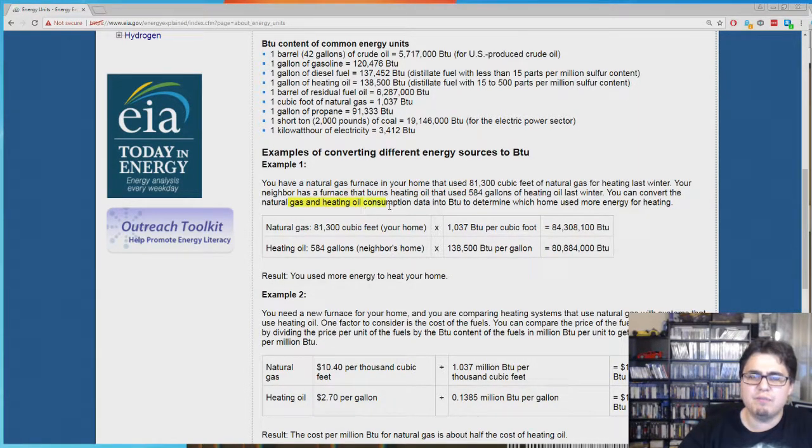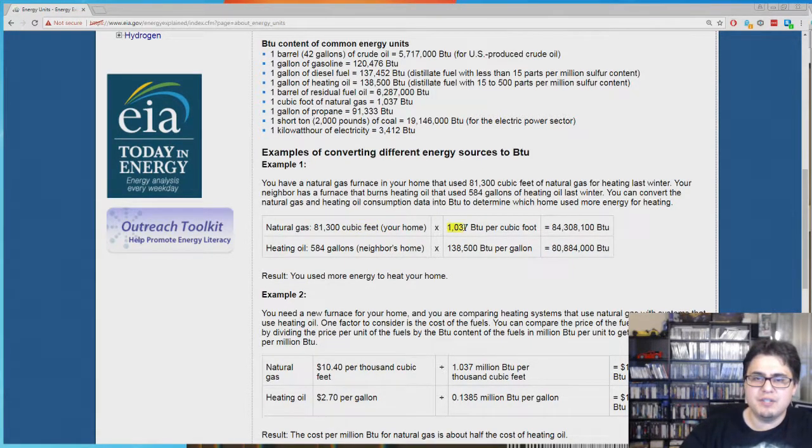We have to convert both of these to BTUs, because you can't directly compare cubic feet of gas versus gallons, right? We don't know which one's good and which one's bad yet. So here, the basic conversion is you have your natural gas at 83,300 cubic feet of gas we used, right?